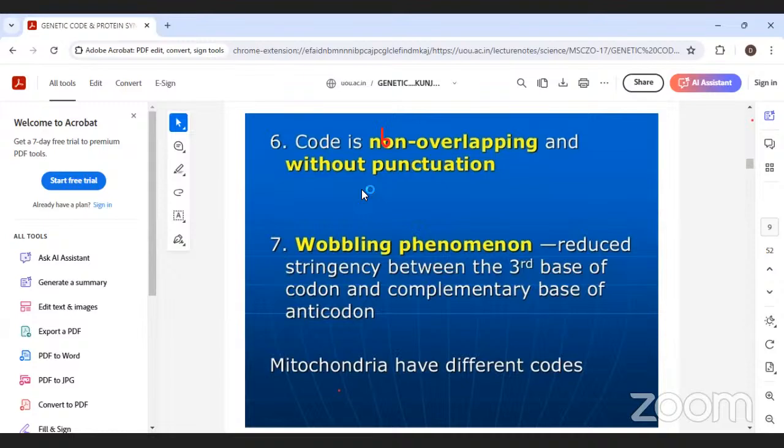This is more evident in Crick's wobble hypothesis, the pairing between the third base of the codon and the complementary base of the anticodon. Mitochondria have different codes. This is the wobble phenomenon, or Crick's formula.